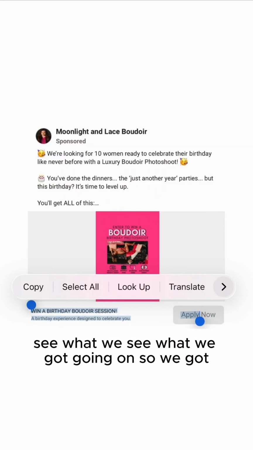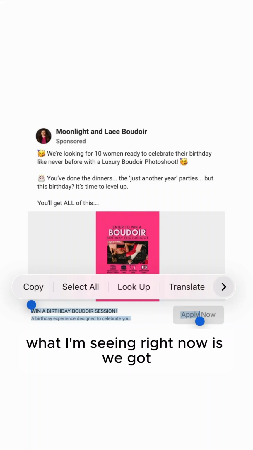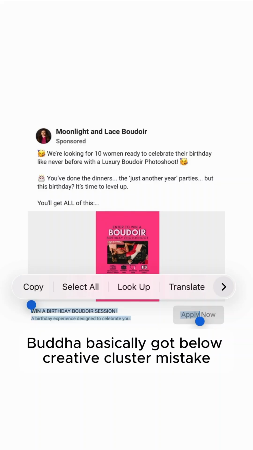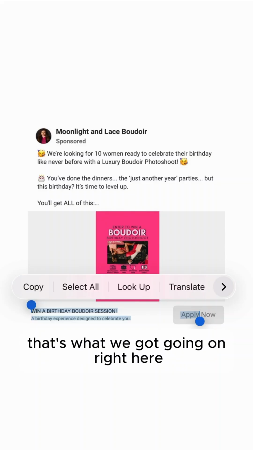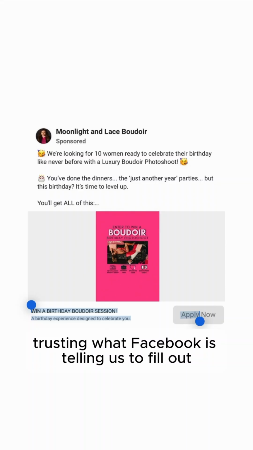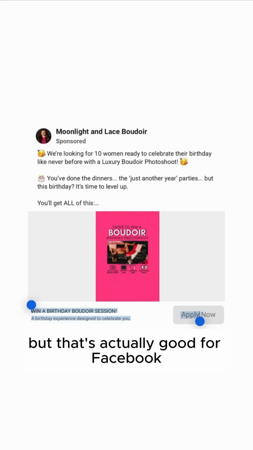Here's what we got. What I'm seeing right now is, basically, we got below creative cluster mistake. That's what we got going on right here. So we're actually trusting what Facebook is telling us to fill out for our Boudoir Facebook ads. But that's actually good for Facebook.